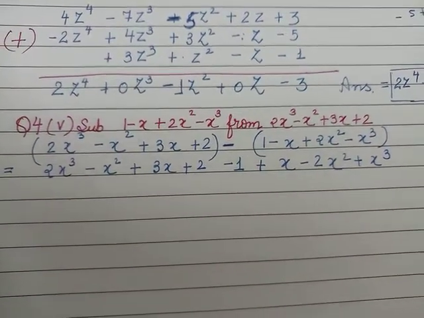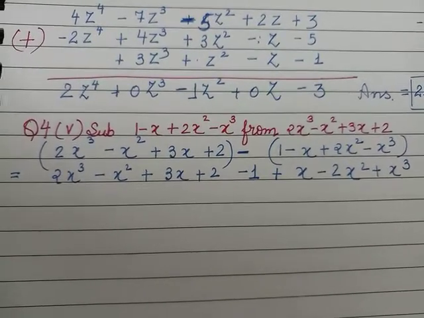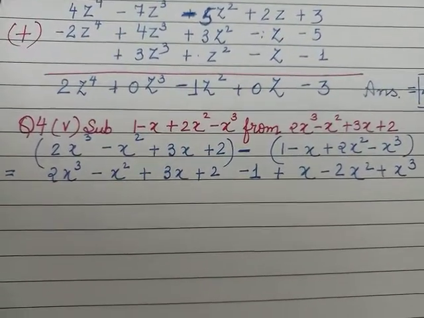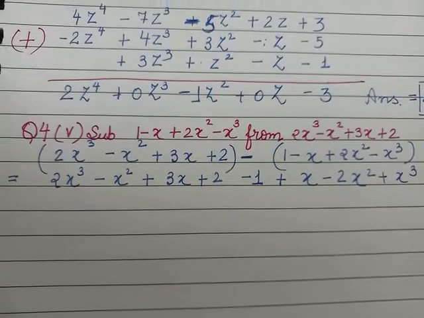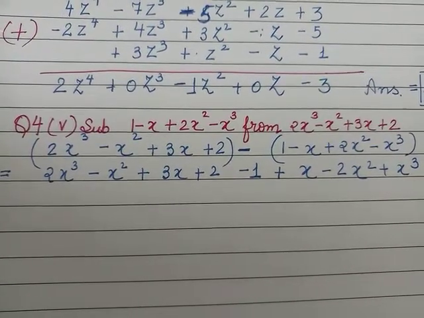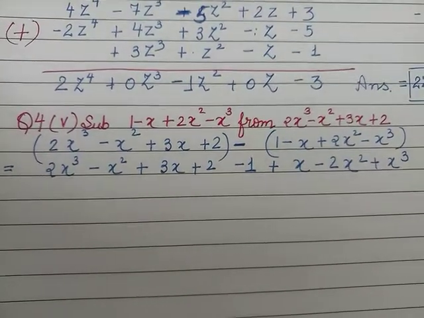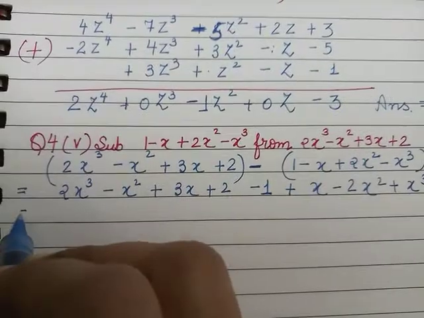Now, as we have already done the subtraction with the first expression, what we will do is write all the like terms in one bracket along with the numerical coefficient, and between the brackets we'll put the plus sign.